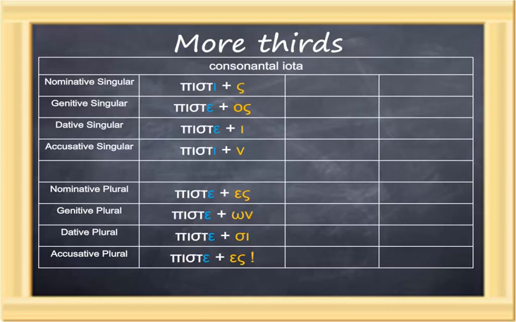There were apparently two iotas in Greek, one which was a vowel and one which was a consonant. The consonantal iota alternates with an epsilon, but behind that epsilon, according to grammarians, is the consonantal iota. And since these are consonantal, they don't behave quite like vowels.